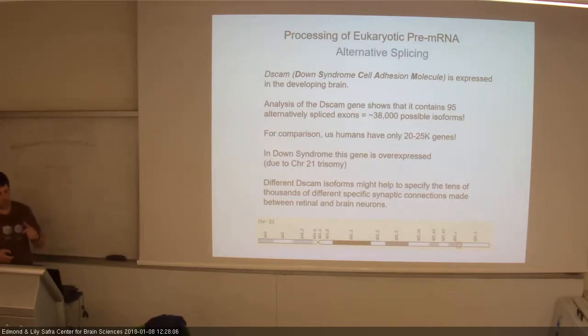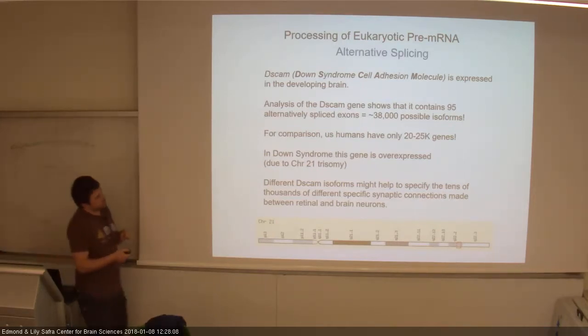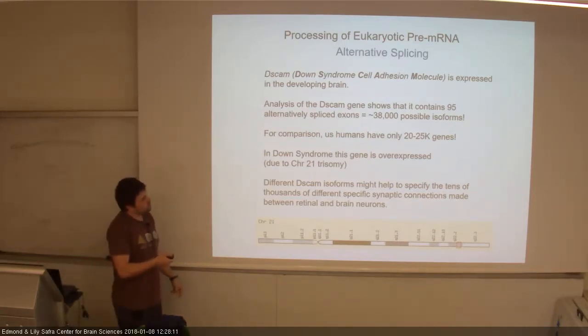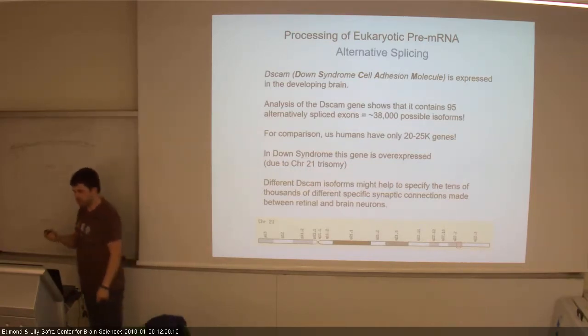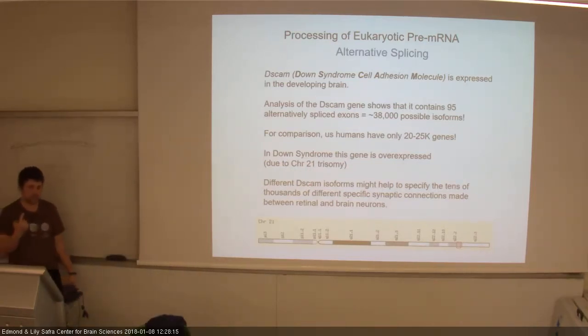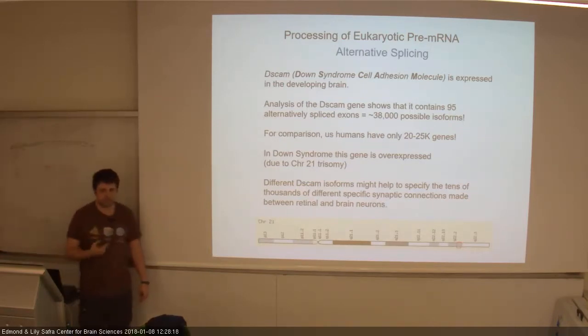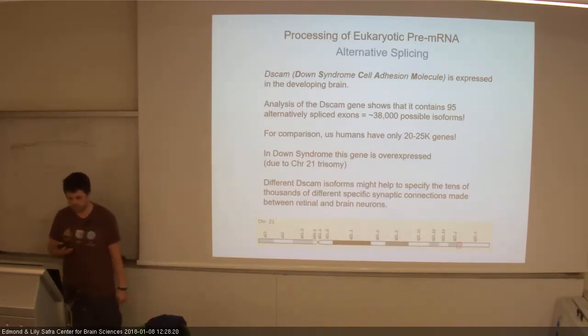So when you think about it, in the human genome you have 20 to 25,000 genes, but in a single gene you have the possibility to create more isoforms than the genes that you have.